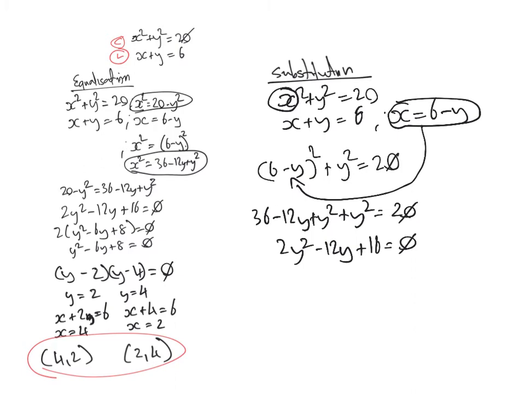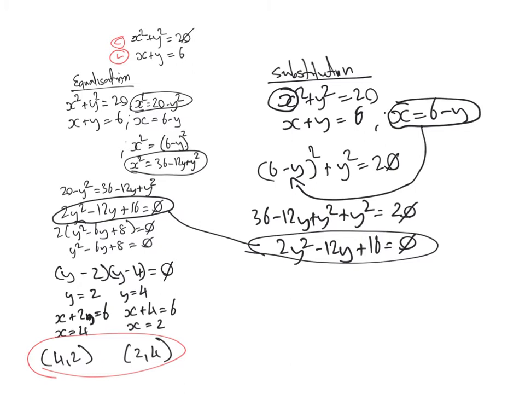If you look over on this side where we did equalization, you can see that that is the same. Okay, so that's the only difference. In equalization, we equalize one side so that we can equalize the other side. In substitution, you rearrange one side so you can substitute it into the other equation, or rearrange the simpler equation so you can substitute it into the other more complex equation.